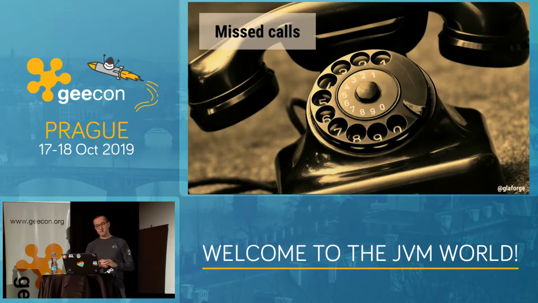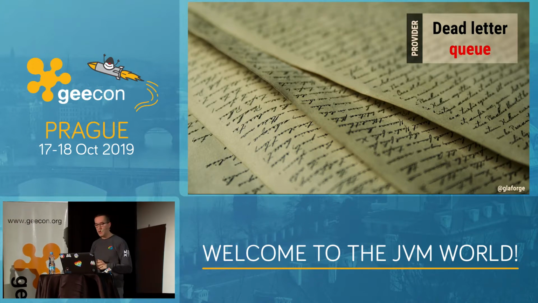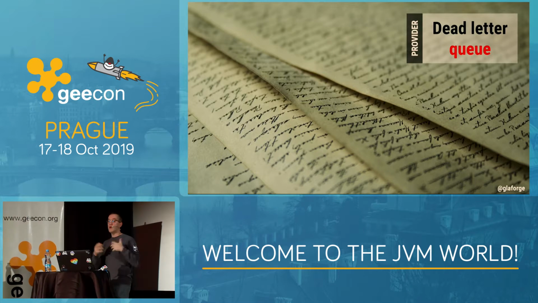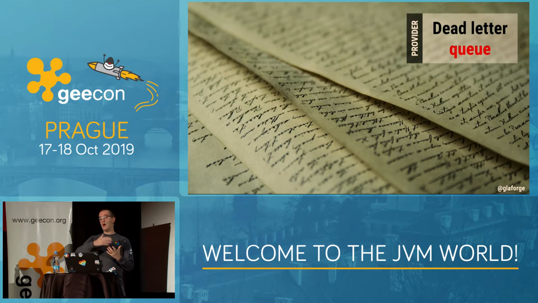Sometimes you may perhaps miss some calls. Perhaps your handler was down because you were updating it or redeploying or something, or there was some network interruption. So something that the provider can also do, perhaps via a web API, is to implement the pattern of the dead letter queue, so that perhaps after 10 retries, it won't retry forever to send a message.